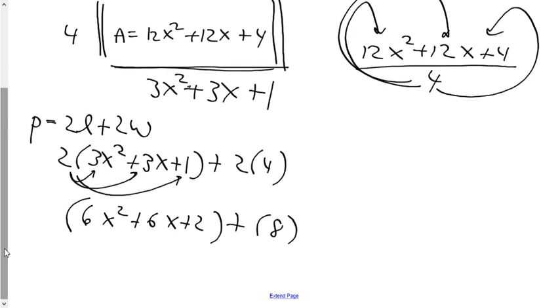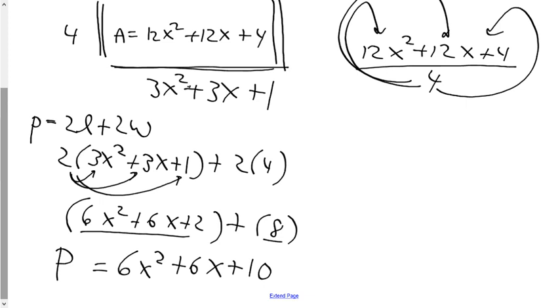Now that I'm adding a very long trinomial with a very short constant, I can gather like terms of the constants, and my final answer will be the perimeter of this object is this trinomial.